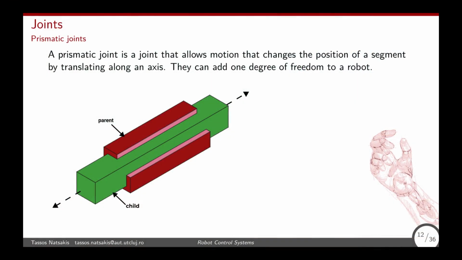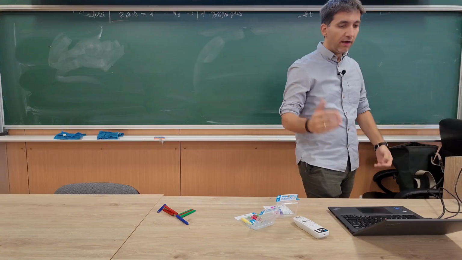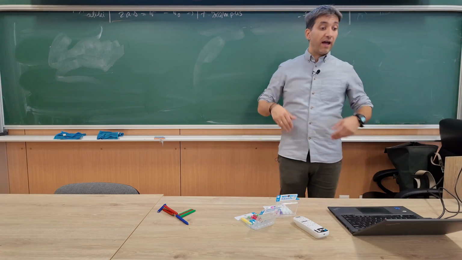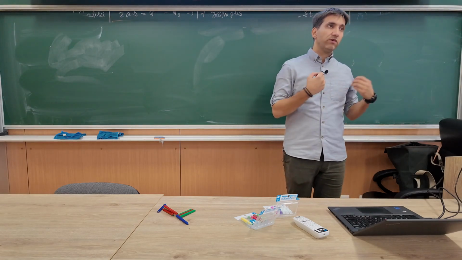Each one of these joints can add 1 degree of freedom to the robot. In order to have a robot with more degrees of freedom, I need to add more joints. Right? If I have 1 joint, I can have up to 1 degree of freedom. If I have 2, I can have up to 2 degrees of freedom, and so on. If I add 1 more joint, we can add 1 more degree of freedom, right?